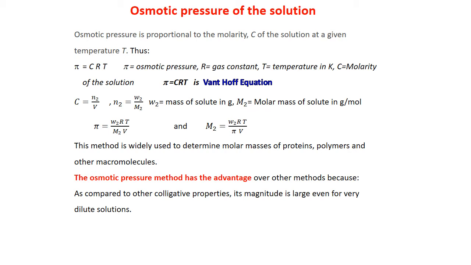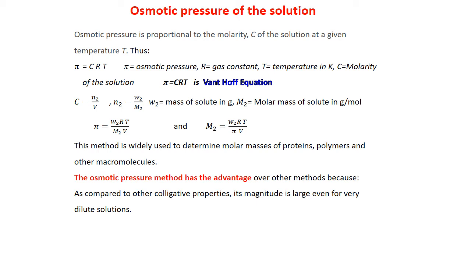C can be calculated as n2 upon V. So n2 is equal to W2 by M2 and n1 is equal to W1 upon M1. Placing these values, we will get pi is equal to W2 RT upon M2 V, and the formula is for M2.